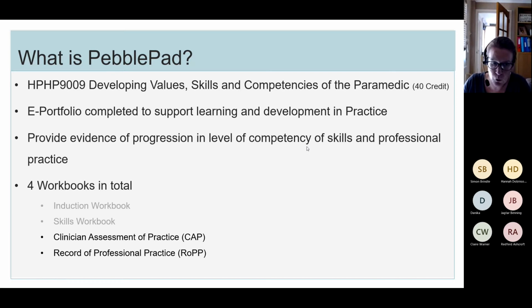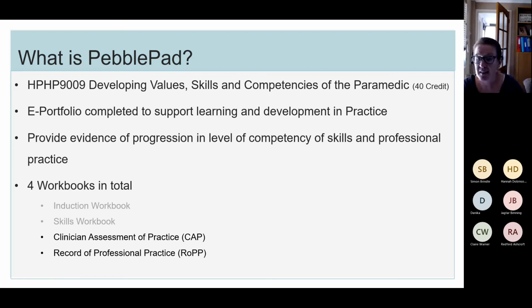In total, there are 4 workbooks. There's an induction workbook, which is basically a roadmap that the students complete within the first 3 weeks of the course. It's a checklist for the students to tick off as they achieve each step, and it runs through things like digital skills, academic writing, and registering with the library.